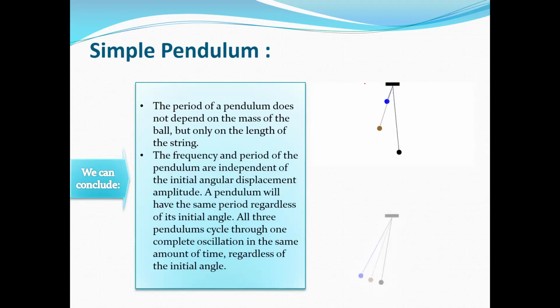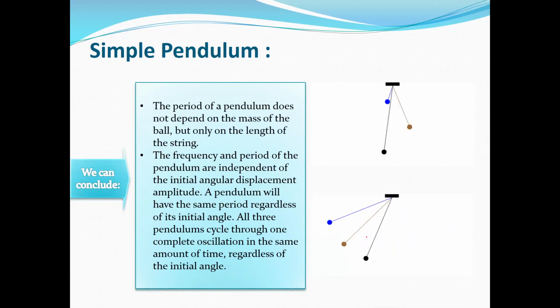And the second conclusion, which is very important again, and of course the same conclusion but in a different manner: the frequency and period of the pendulum are independent of the initial angular displacement amplitude.